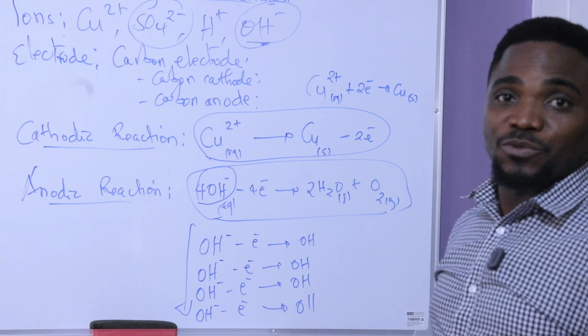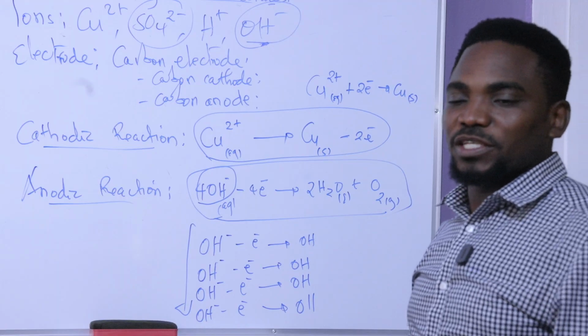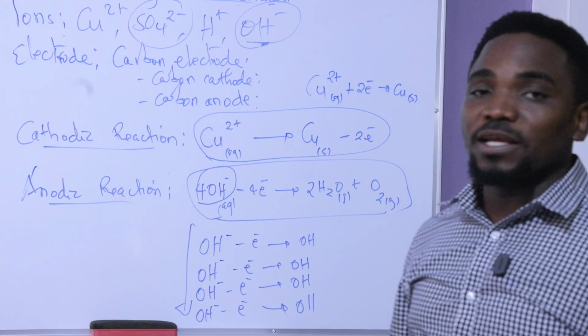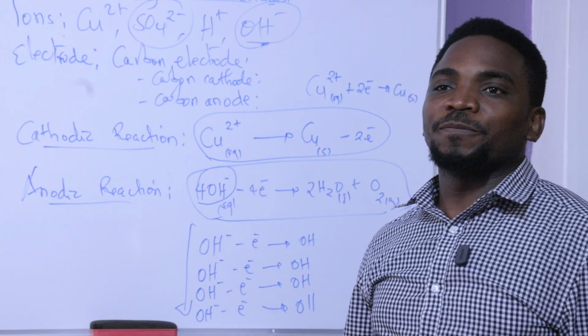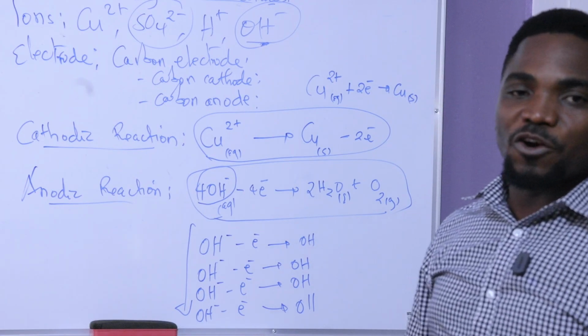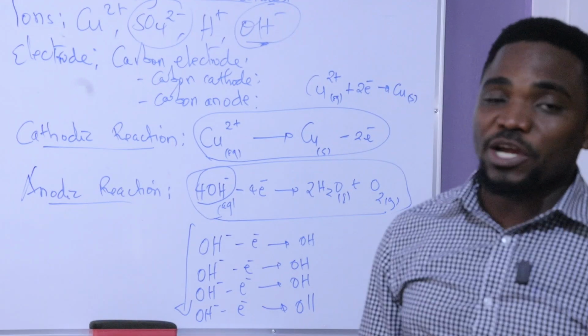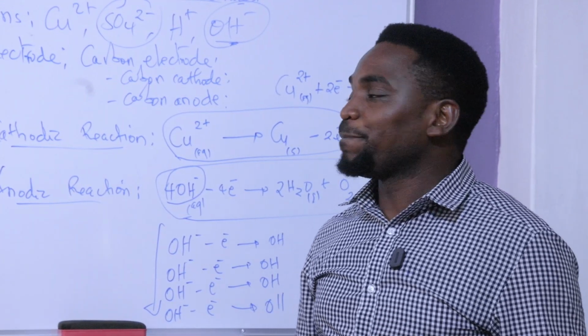Another question they can ask you is about the mass. Does the mass of the cathode increase or decrease? Does the mass of the anode increase or decrease? The answer is that the mass of the anode remains the same. There will be no change in the mass of the anode because it's not ionizing, so it remains as it is.